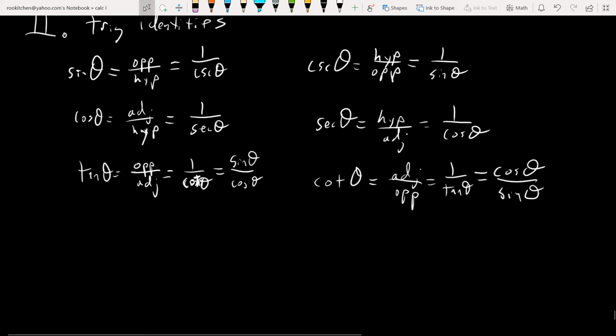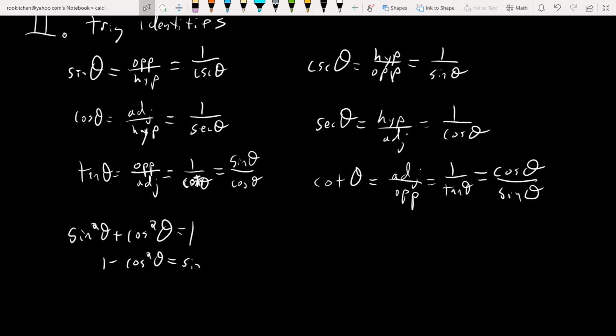And then some identities that you should definitely know. Sine squared theta plus cosine squared theta is equal to 1. On top of that, 1 minus cosine squared theta must be sine squared theta. Any identity you can get from algebraically manipulating that original identity is fair game.